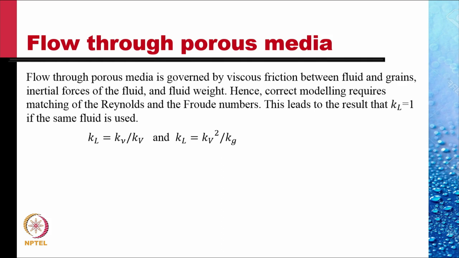This leads to the result that KL must be 1 if the same fluid is used. Because from the Reynolds number, we get KL is equal to K nu divided by KV. And from the Froude number, we get KL is equal to KV square divided by KG. If K nu and Kg are the same, these two equations can match only if KL and KV both are 1.